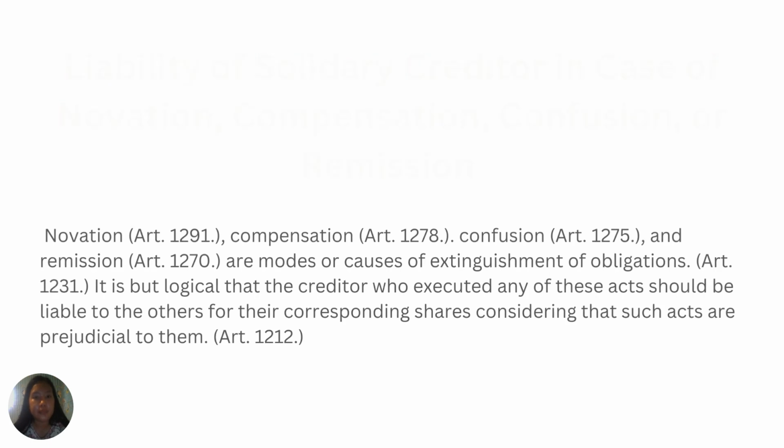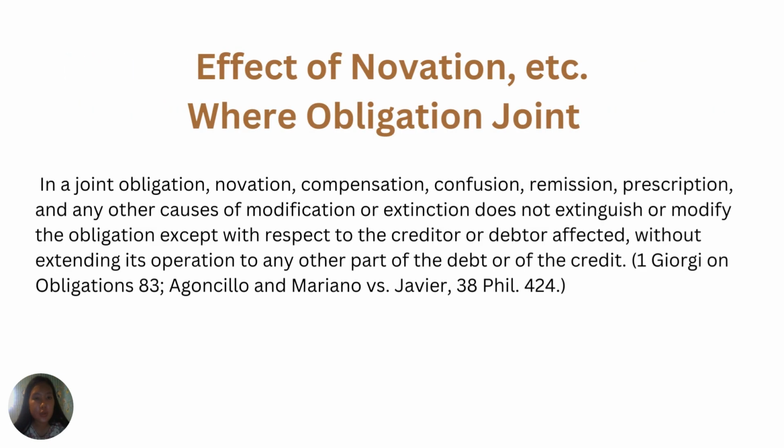Okay? So as to effect of novation, etc., where obligation is joint: in a joint obligation, novation, compensation, confusion, remission, prescription, and any other causes of modification or extinction does not extinguish or modify the obligation except with respect to the creditor or debtor affected, without extending its operation to any other part of the debt or of the credit.